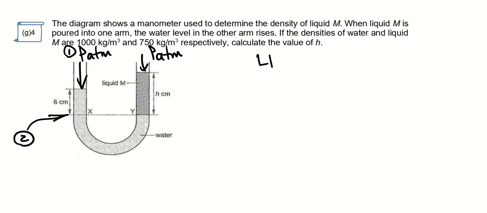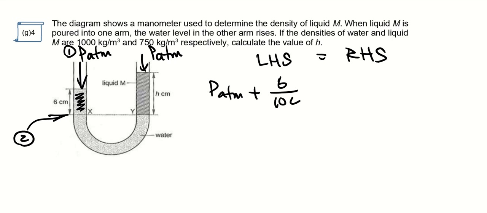So let's do the left hand side. The left hand side pressure must be equal to the right hand side's pressure. The left hand side pressure is due to PATM plus this amount of water above it. So it's actually 6 cm.